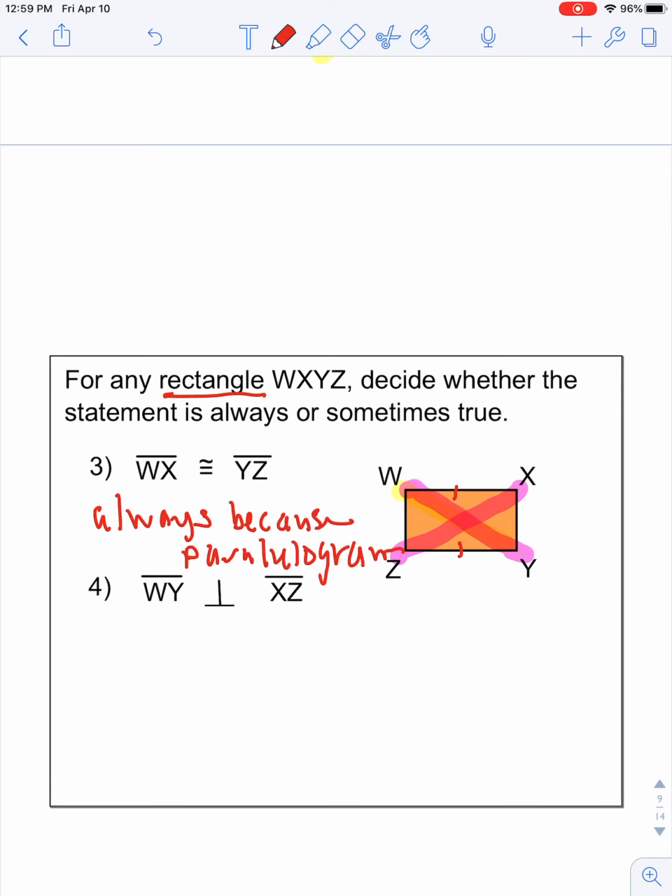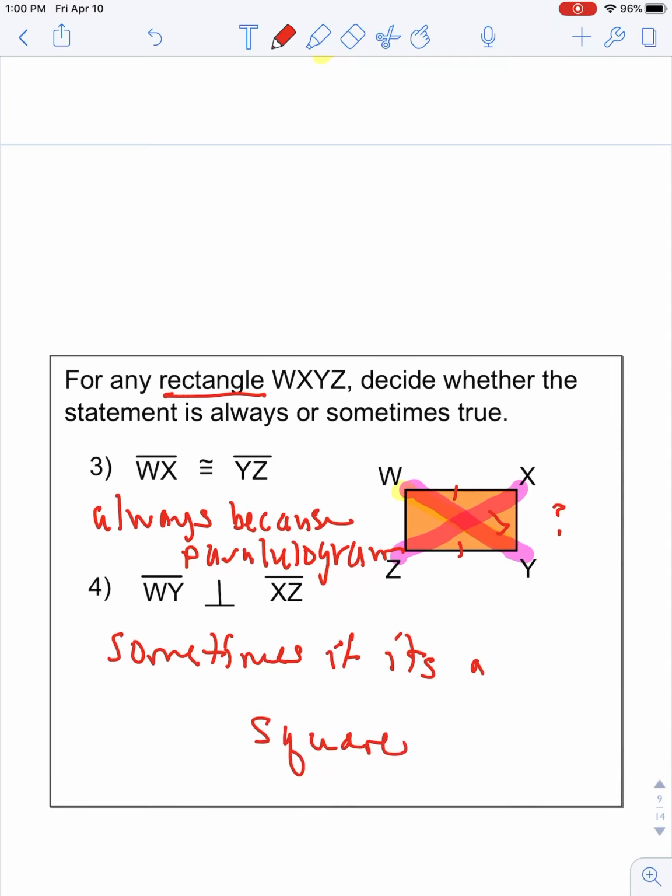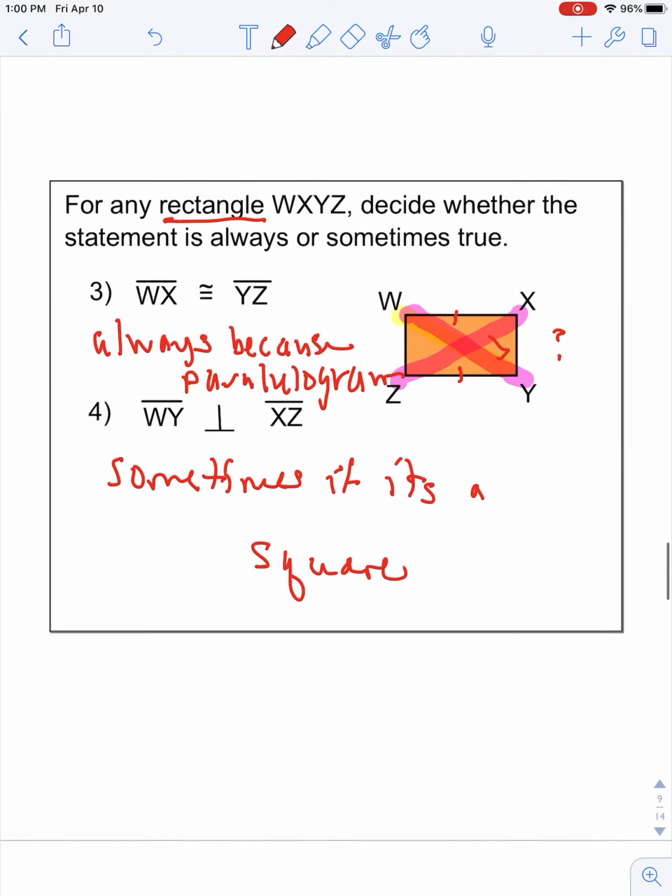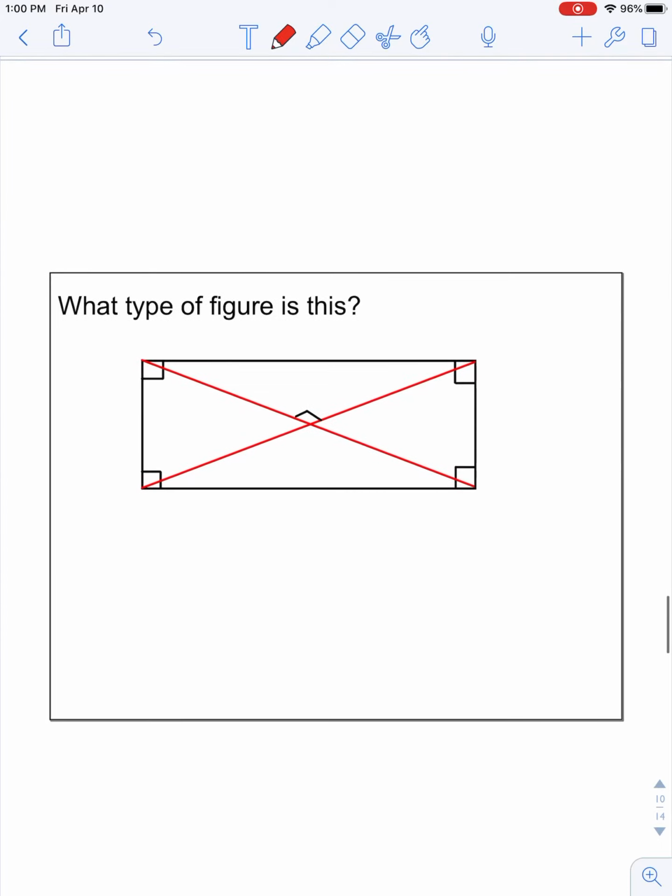So what we want to know is if this is going to be a right angle. And again, that is not necessarily true in all rectangles, so that's only going to be true if it's a square again. So, just got to keep working on this stuff.